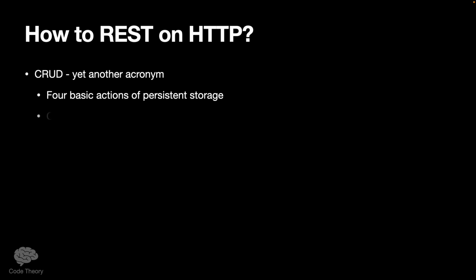You want to be able to create them, read them, update or edit them, and delete them. Everything that you could do to a file falls into these 4 categories, conceptually. So, CRUD.